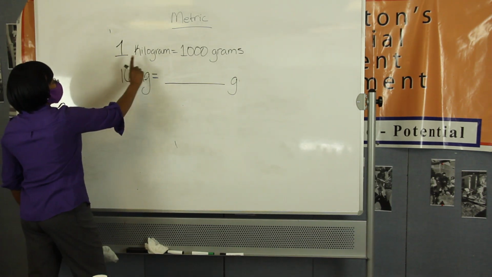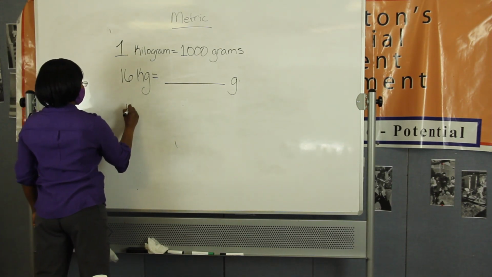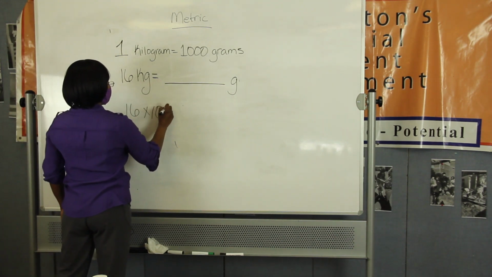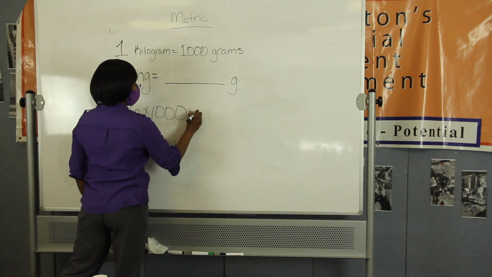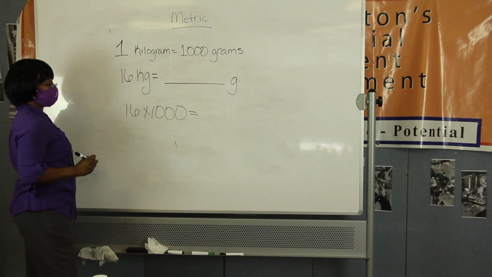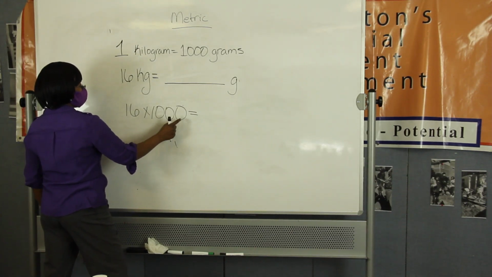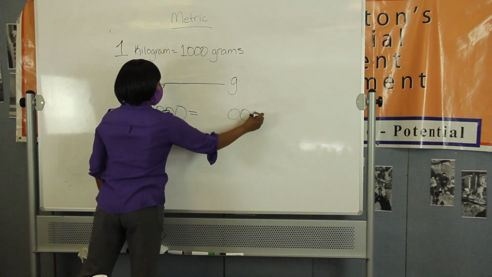Because 1 kilogram is equal to 1,000 grams, we're going to take 16 and we're going to times it by 1,000. Now, I don't know if you know how to use the zeros. I'm going to show you the trick. We count the zeros. 1, 2, 3. Let's go ahead and put the zeros up there.